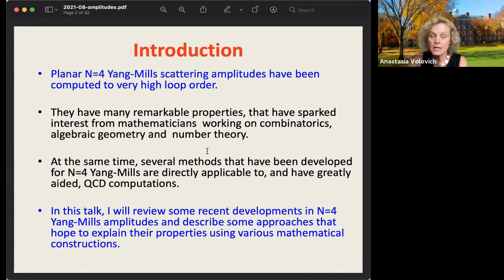At the same time, the methods that we've been developing over the years for this n equals 4 are directly applicable, and some of them have been applied to actual QCD computation. So on one hand, it's great mathematics. On the other hand, the methods that we used are actually useful, although we are studying n equals 4 Yang-Mills theory. So what I'm going to do, I will start slow. I will review some recent developments in the computation of amplitudes in this theory, and then describe some approaches that hope to explain some of the properties of these amplitudes using various mathematical constructions.